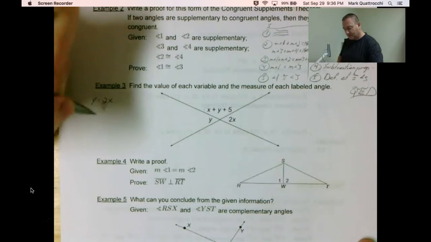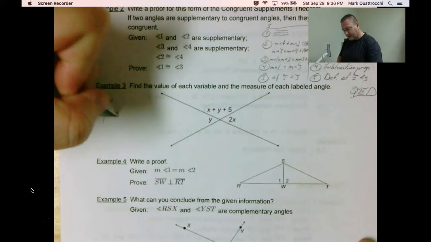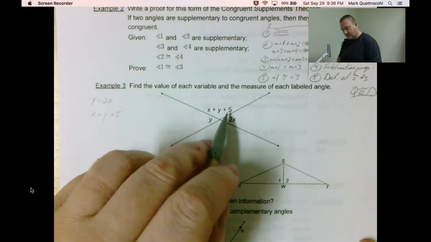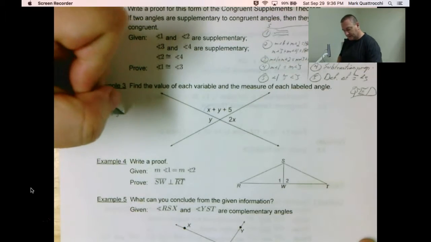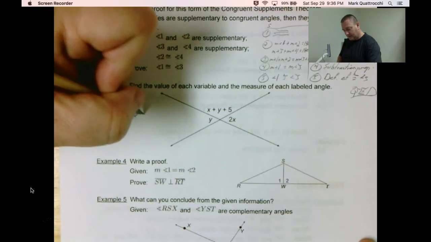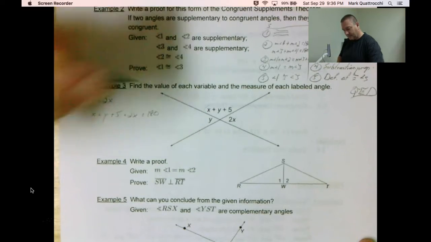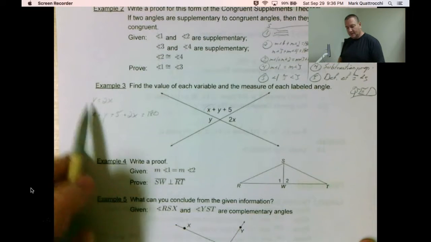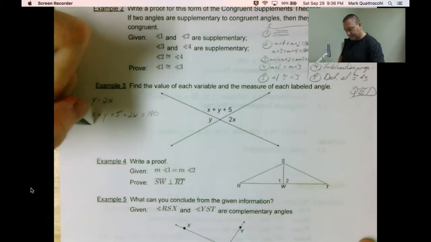So the equation that I can write: x plus y plus 5, that's this angle, plus 2x equals 180. I know what y is. y is 2x.